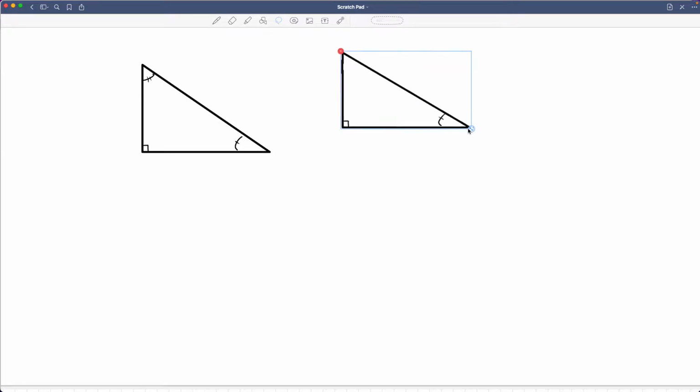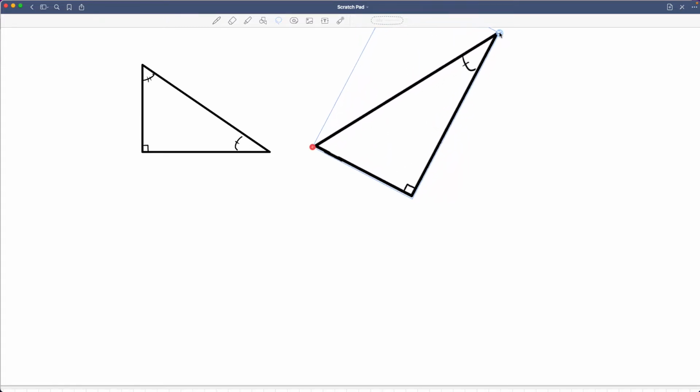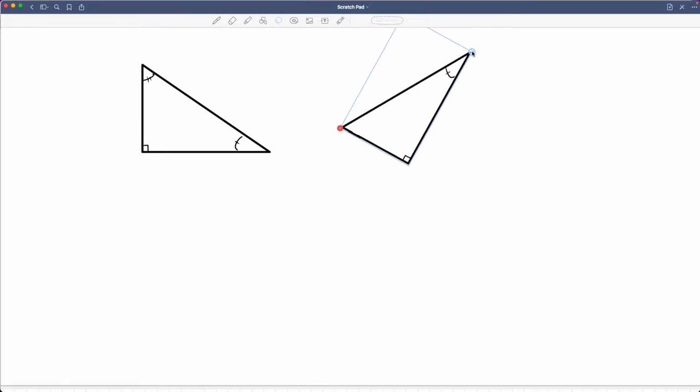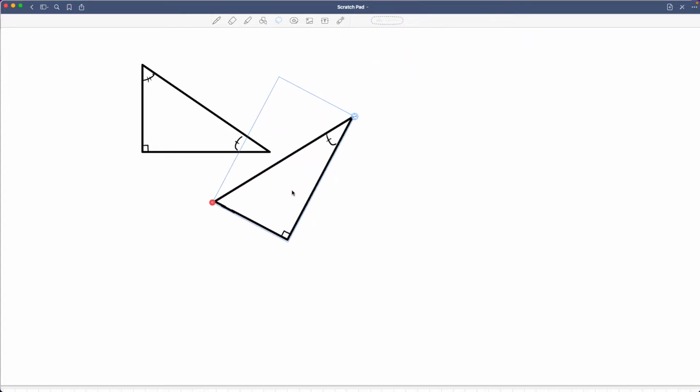Let's say maybe it is twisted around, right? It's the same size and shape, but it's all twisted around. And it's not really obvious that these are the same triangle anymore because they've been twisted and moved and they're not on the same level.